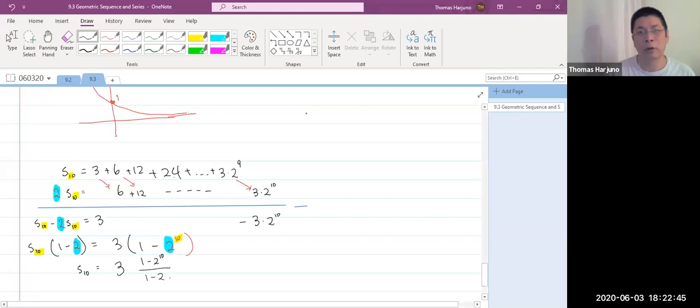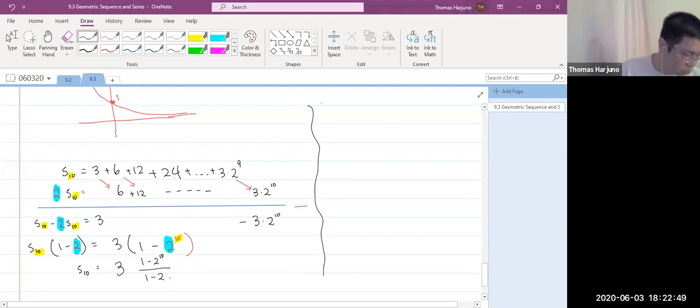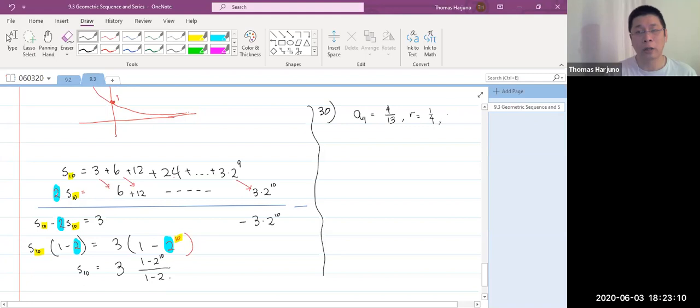Now we are ready to do problems. Let me pick question number 30. The fourth term is 4 over 13. The common ratio is 1/4. And I need to find S6. Again, this is a geometric sequence.